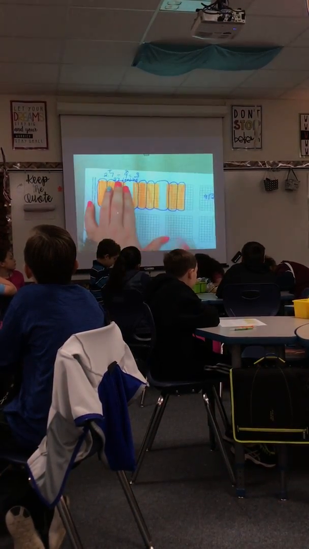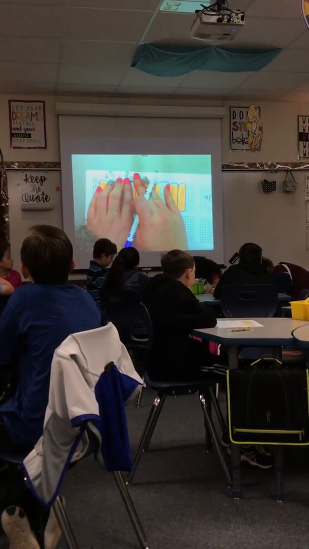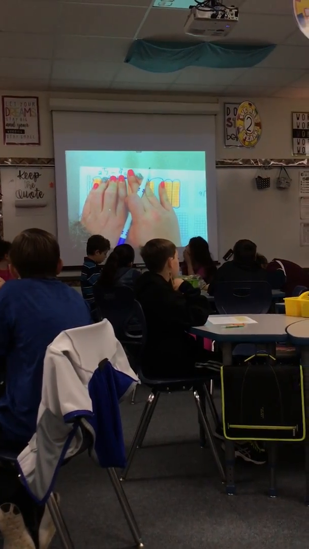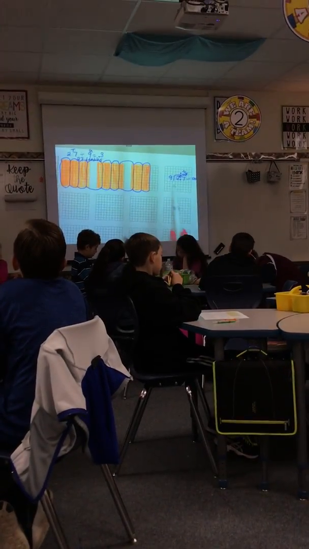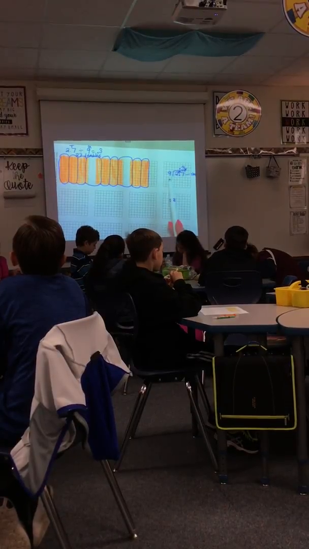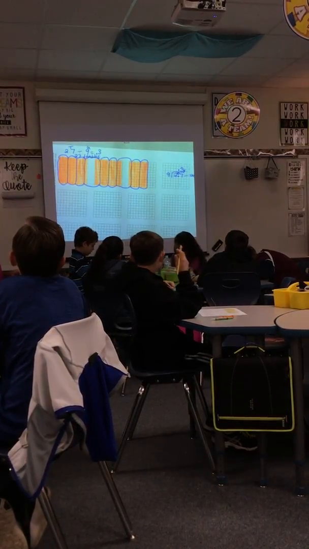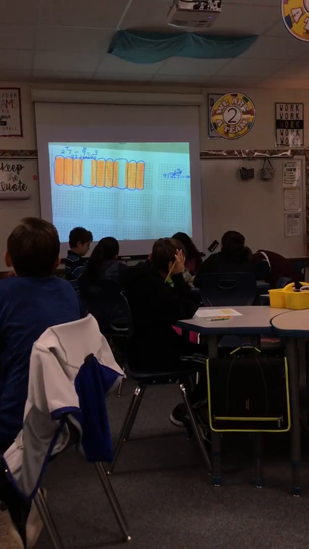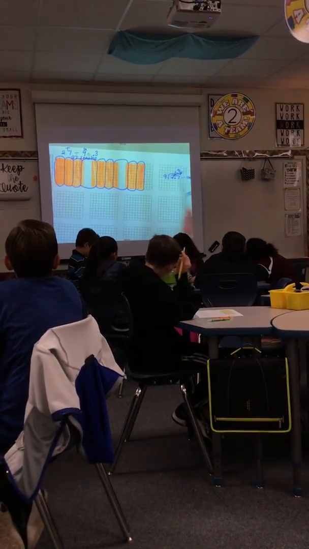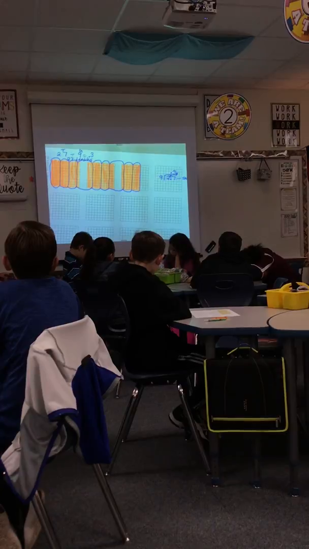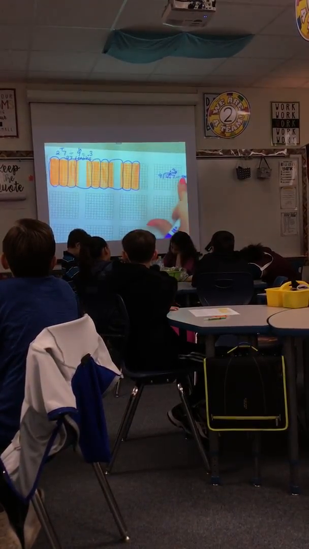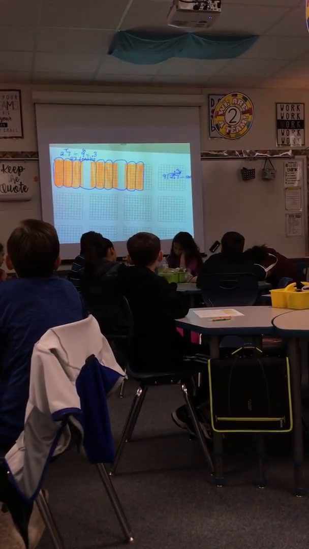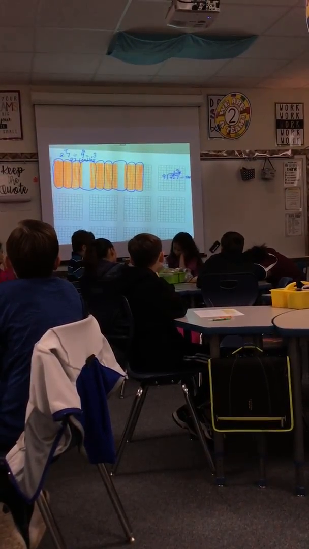So if you saw just this problem, you would know to put what you're sharing in the dividend, your groups as your divisor, and your quotient is your answer. When we divide, it's kind of like multiplication where we have our ghost decimal. When we're dividing, we pretend that decimal isn't there until after we work our problem.